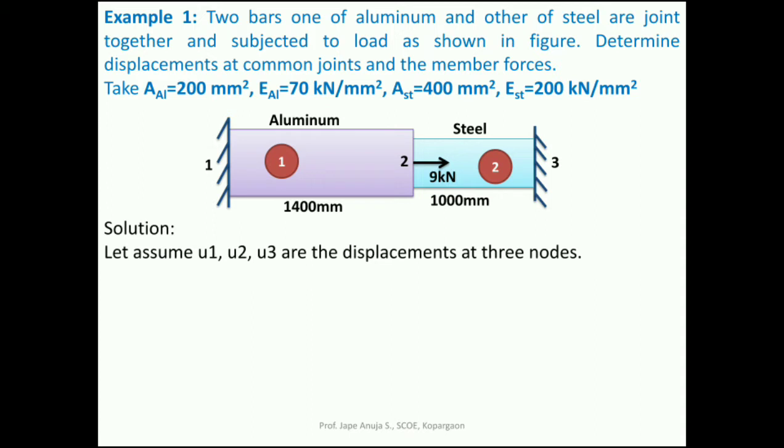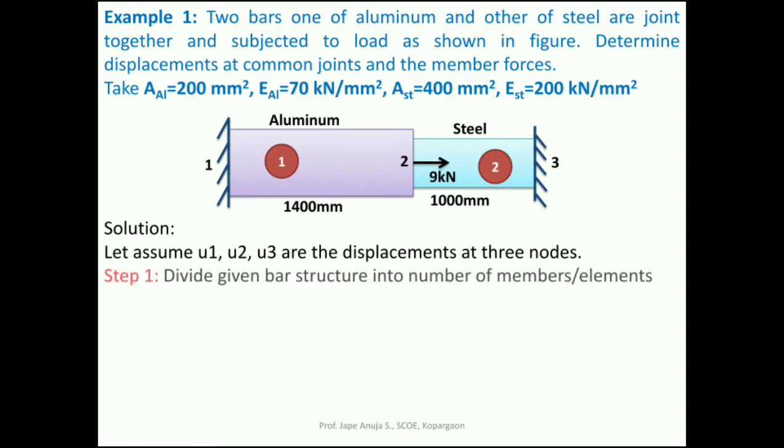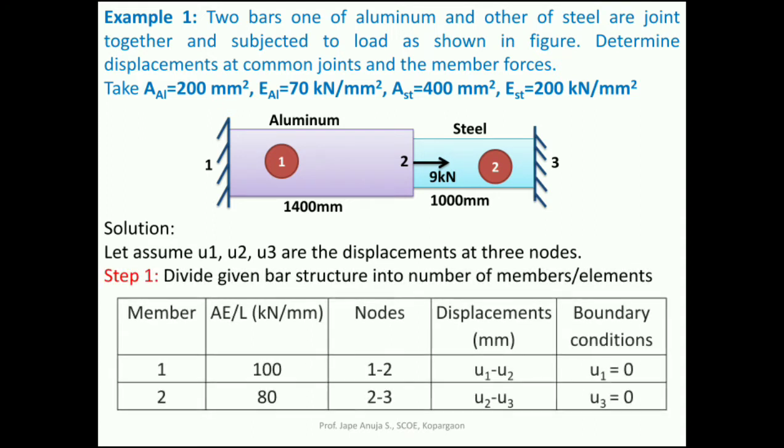So here first we'll assume U1, U2, U3 are the displacements at the 3 nodes, then calculate the degrees of freedom. So these 3 are the degrees of freedom, U1, U2 and U3. The very first step is to divide the given bar structure into a number of members or elements.